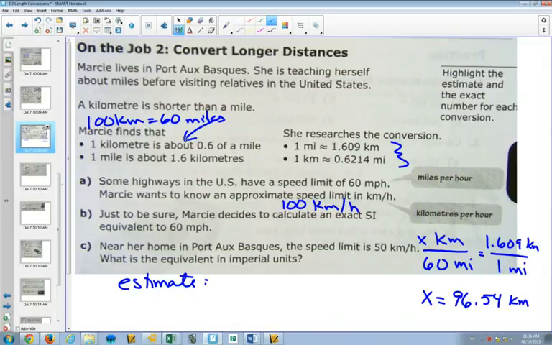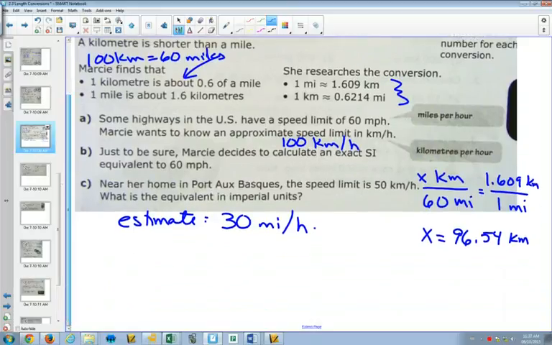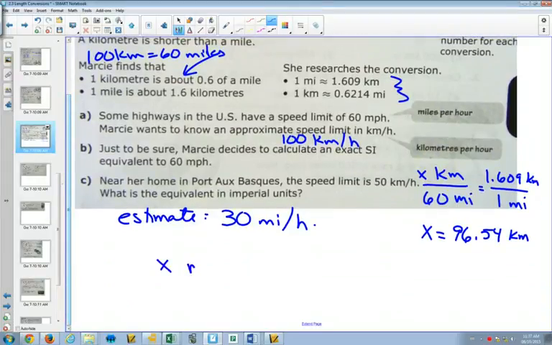If we know that 100 kilometers per hour is approximately 60 miles per hour, and we cut 100 kilometers in half to get 50 kilometers an hour, we would get 30 miles per hour as our estimate. If we wanted to calculate it exactly, we want to find out how many miles are in 50 kilometers.